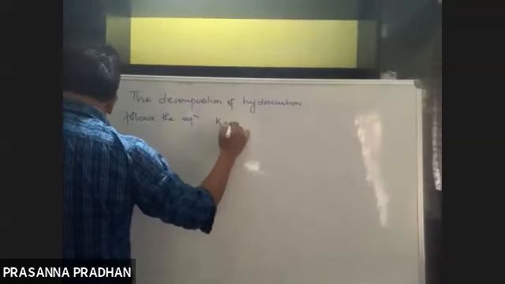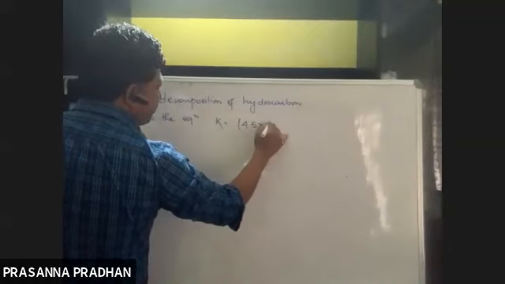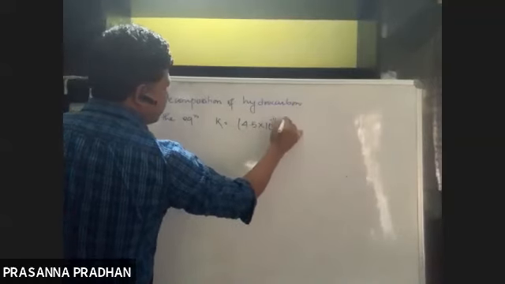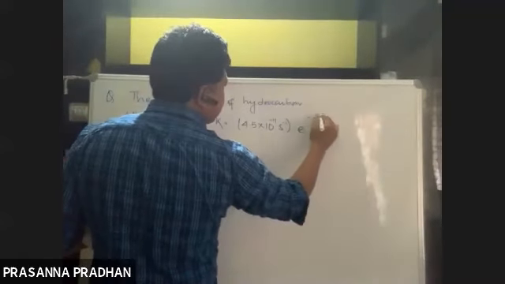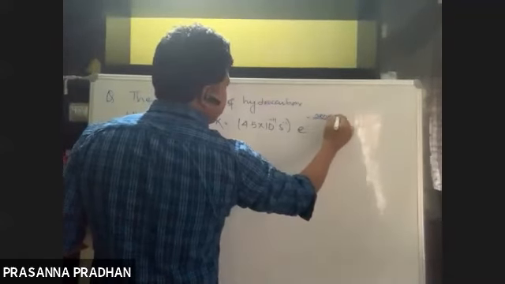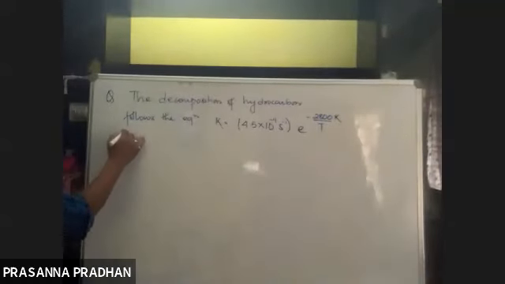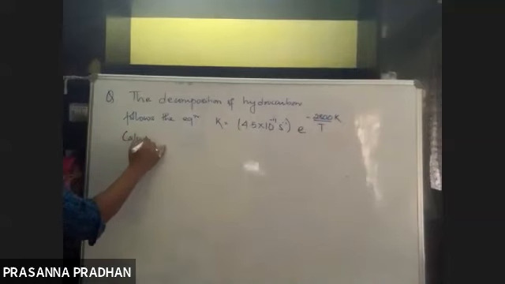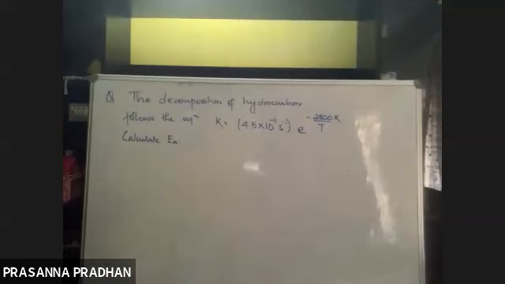Small k equals 4.5 into 10 to the power minus 11 second inverse e to the power minus 2800 Kelvin divided by T. What are you supposed to do? You are supposed to calculate EA. So this is the question.